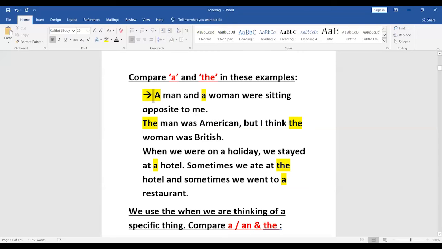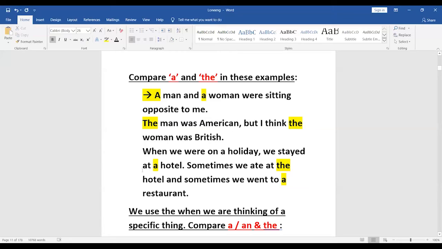So in the beginning, because it was general, they use a and an. In the second sentence, because they're using nationalities and making it more specific, they're using the. It's totally up to you whether you want to use the to make it look specific, or you want to use a or an to make it look common. But in this instance, I'm telling you why they've used it and where they've used it.